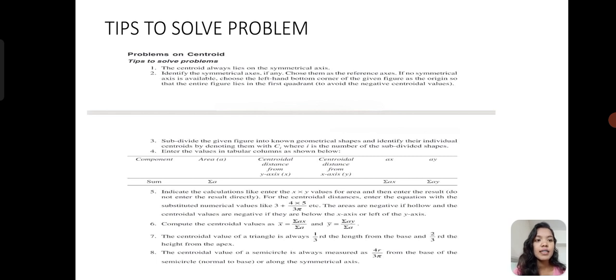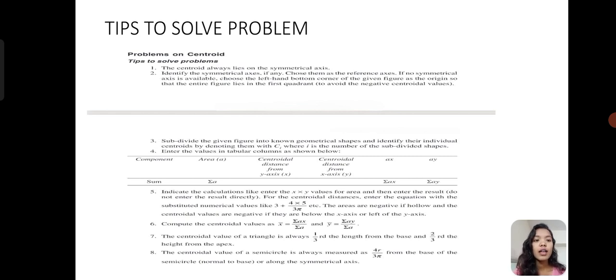For the centroidal distance, enter the equation with the substituted numerical values, like 3 plus 4 into 5 by 3 pi, etc. The areas are negative if they are holes, and the centroidal values are negative if they are below the x-axis or left of the y-axis. Compute the centroidal values as x bar is equal to summation of ax divided by summation of a, and y bar is equal to summation of ay divided by summation of a.